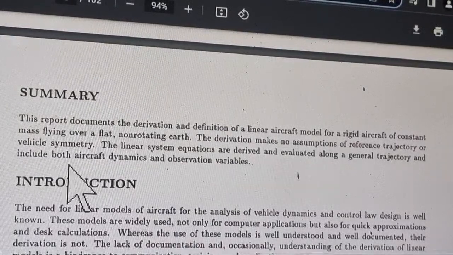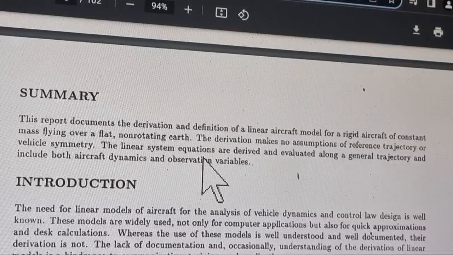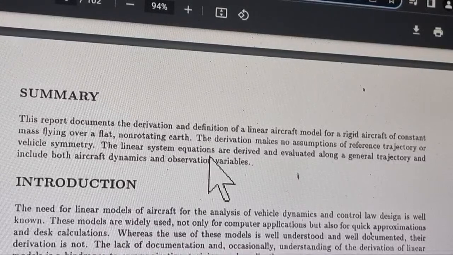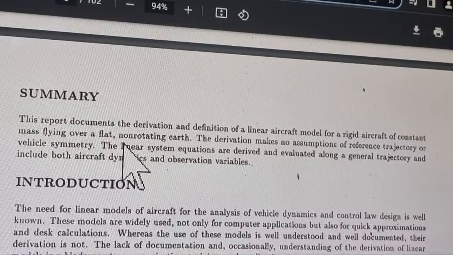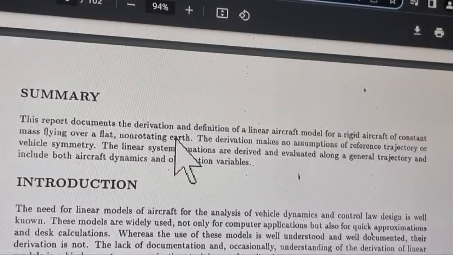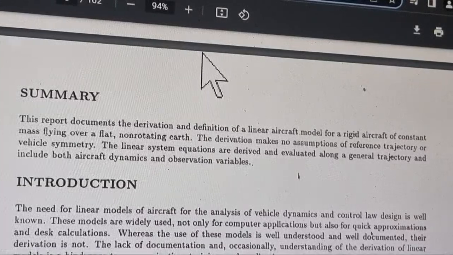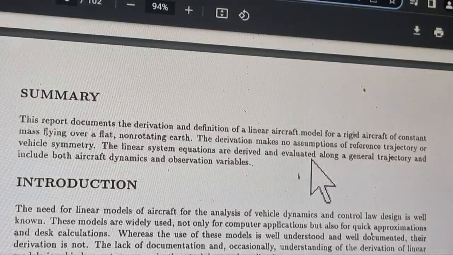So let's read the report. The report says, this report documents the derivation and definition of linear aircraft model for a rigid aircraft of constant mass flying over a flat, non-rotating Earth. And this is a NASA publication. The derivation, it basically means it's a summary, makes no assumptions or reference trajectory or vehicle symmetry.